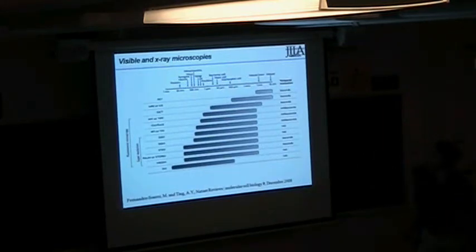I just want to provide a brief comparison between visible super resolution microscopy and X-ray microscopy. They're actually very complementary approaches, because whereas visible microscopies can also reach down to 10 nanometer resolution, it's a very different type of resolution.